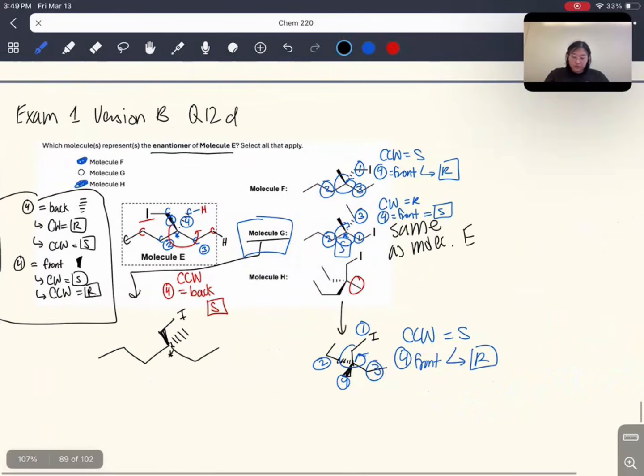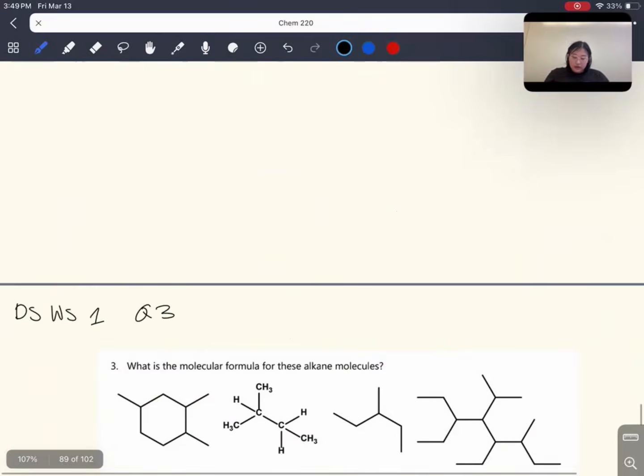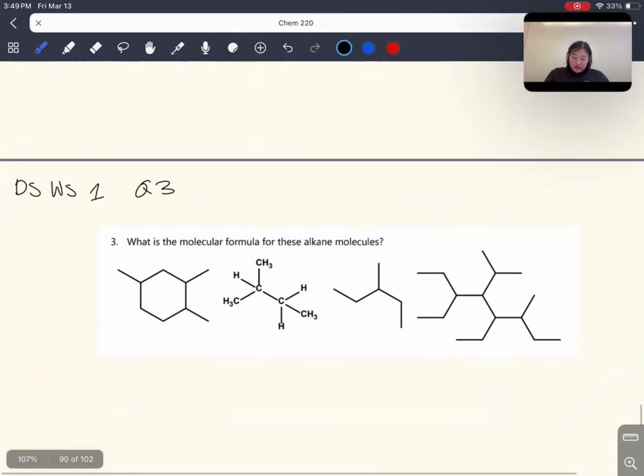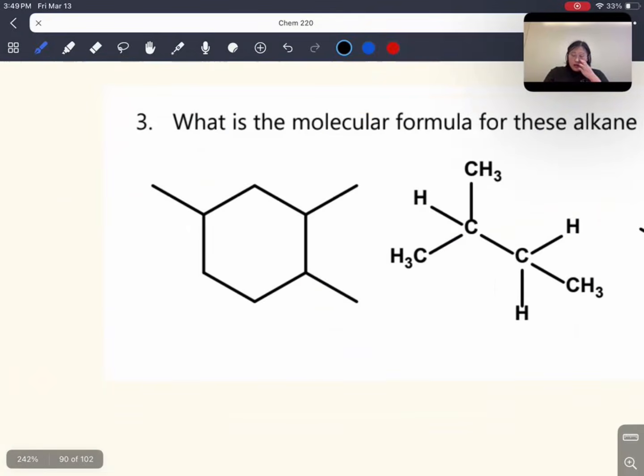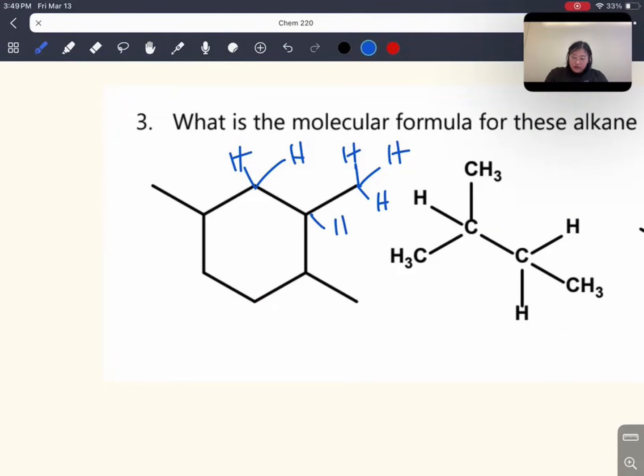Okay. The next question asks us to list the molecular formula for these alkane molecules. The way I would do these questions is I would always make sure to draw out the hydrogens on each of these molecules. So we can do that with the first one. So if we have H's here, we have H's here, there's an H here, here.